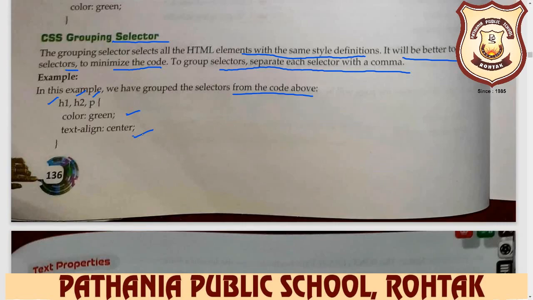So five selectors are there: element selector, ID selector, class selector, universal selector, and grouping selector. This is the fundamental of how to declare CSS and how many types of CSS there are. Now the practical part will start here.